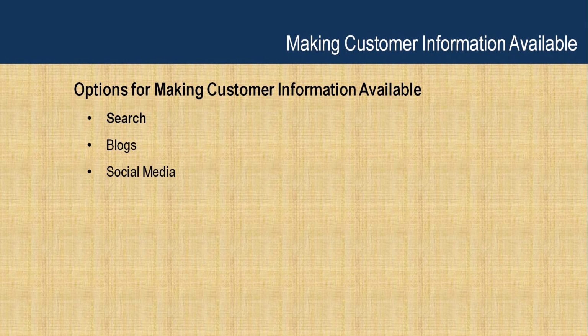Customers search through various kinds of search engines for some information. Sometimes they can also access blogs which are hosted by the marketing organization, and organizations can also listen into or observe the transactions going on in social media.